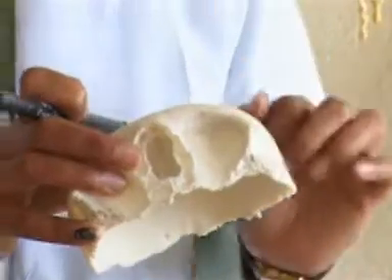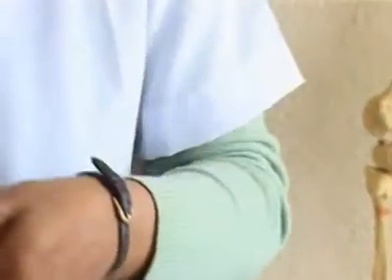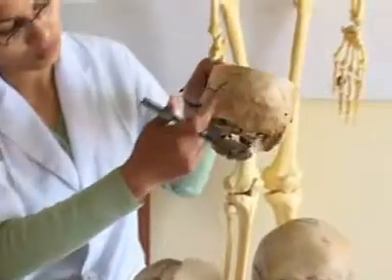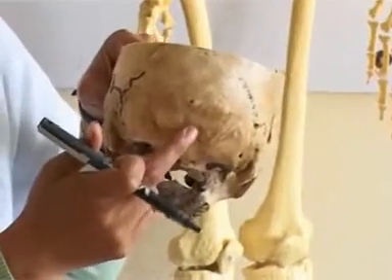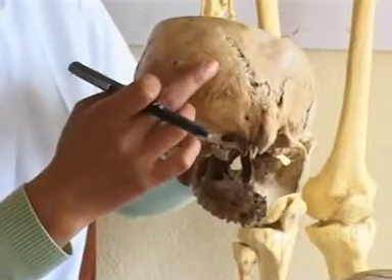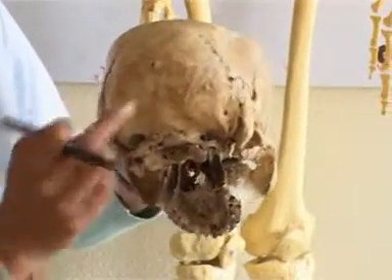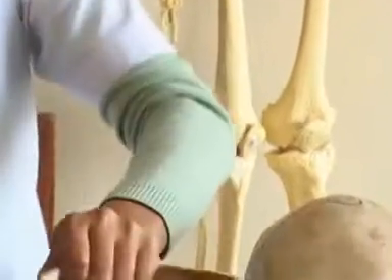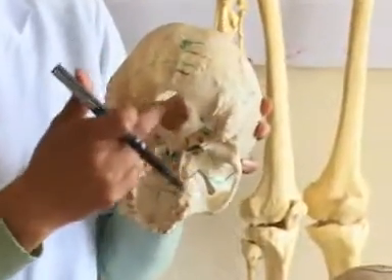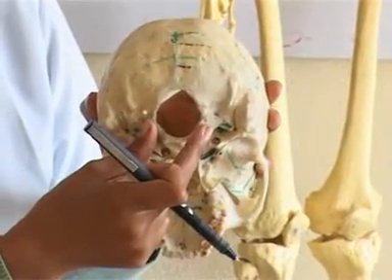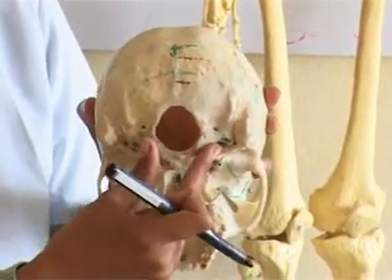Occipital bone has a squamous part with a prominent external occipital protuberance and nuchal lines. And the occipital bone happens to contain the largest foramen of the skull, which is the foramen magnum. It also has a condylar part and forms the atlanto-occipital joint.